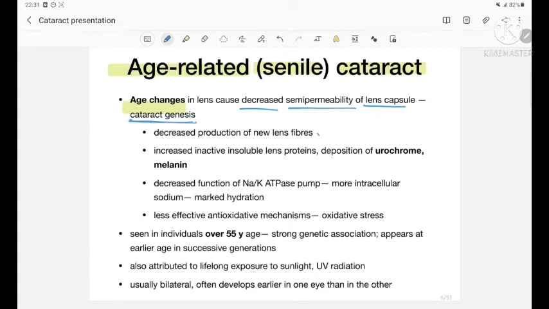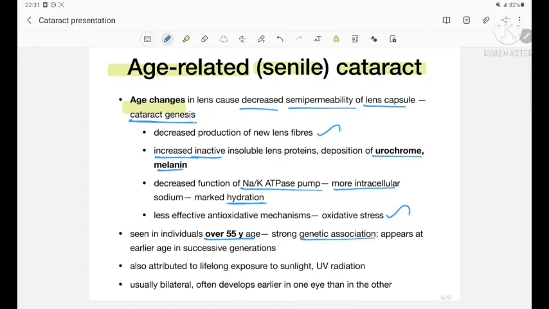There is decreased production of new lens fibers, increased inactive soluble lens proteins, deposition of urochrome and melanin, decreased function of the sodium potassium ATPase pump, due to which there is more intracellular sodium, and because of the more intracellular sodium it draws water inside and there is marked hydration of the lens, and there are less effective antioxidative mechanisms producing oxidative stress.